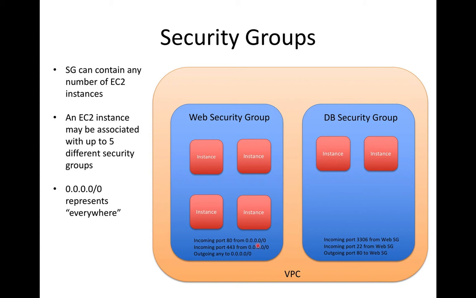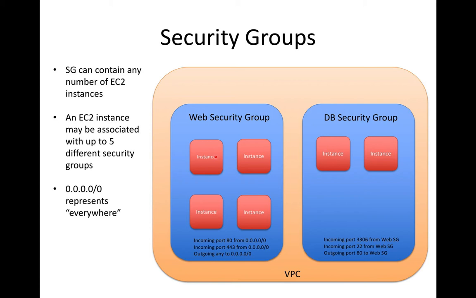And each security group can contain any number of EC2 instances, and each EC2 instance can be associated with multiple security groups. That's actually pretty common. So I might have an instance that's in the web security group, and maybe that instance is also in the management security group.